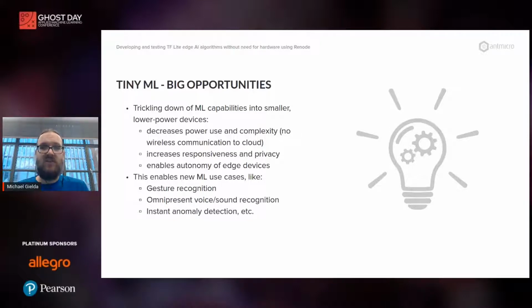Those devices can be fairly simple, but still deliver pretty interesting results. Also, machine learning in a small MCU could potentially give you much better latency in terms of the response time, as well as, of course, because you're not transmitting any data anywhere, you might get much better privacy measures than you would if you had to communicate all that data into the internet.